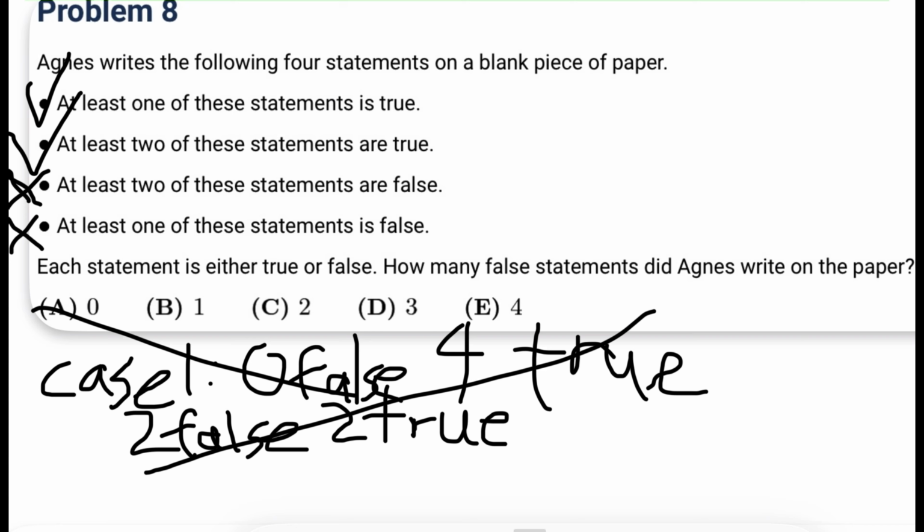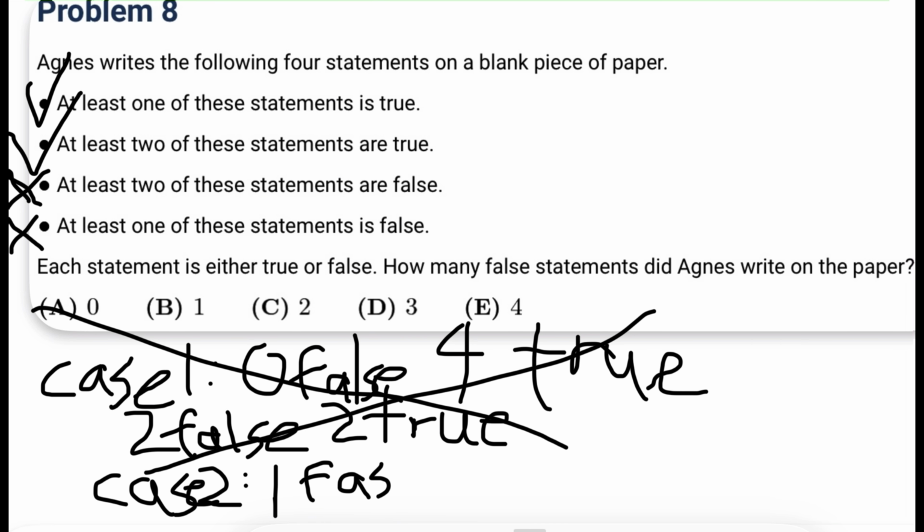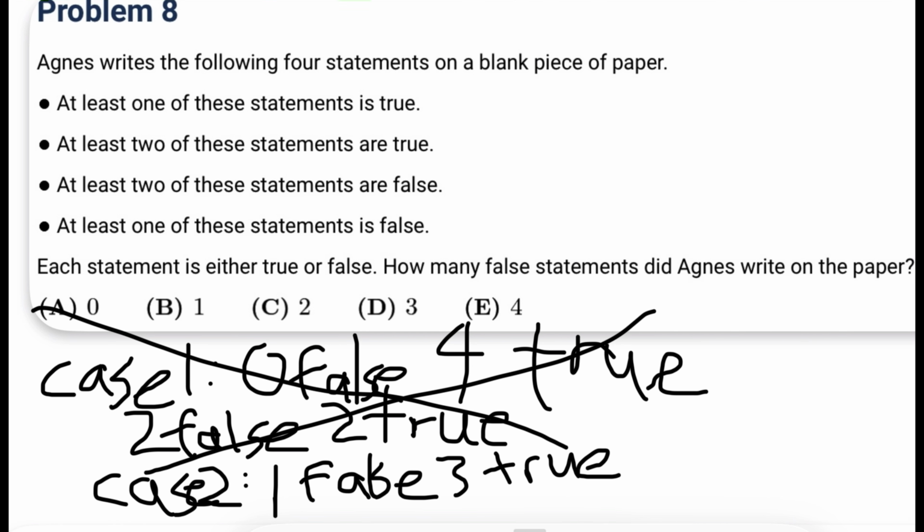Next, we will have case 2, which is that 1 false statement and 3 true statements. So is the first statement true? Yes. Is the second statement true? Yes.